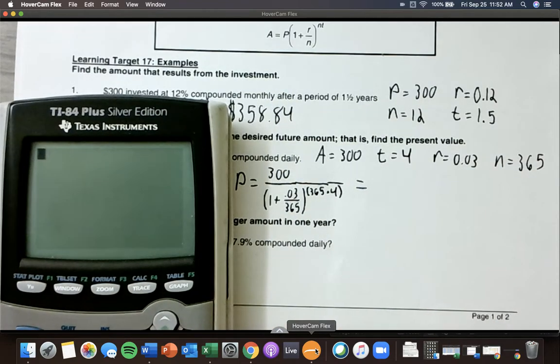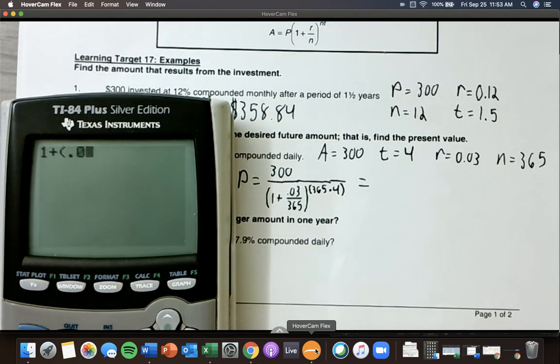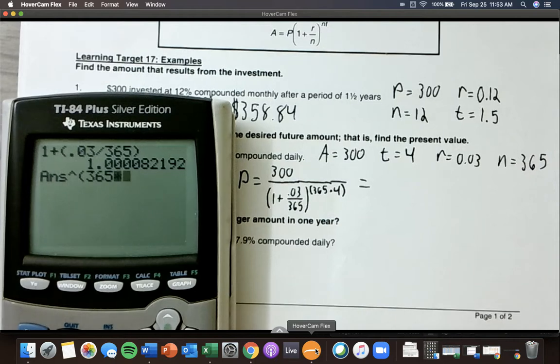All right, so we got 1 plus 0.03 divided by 365. That's going to be raised to the 365 times 4.